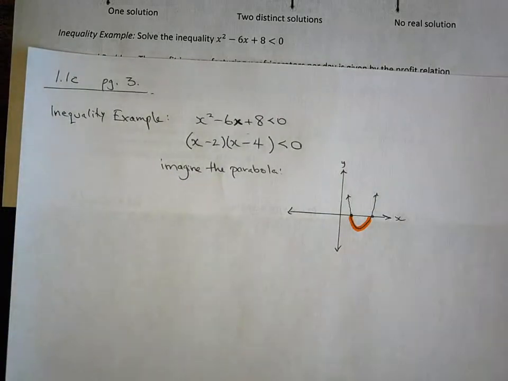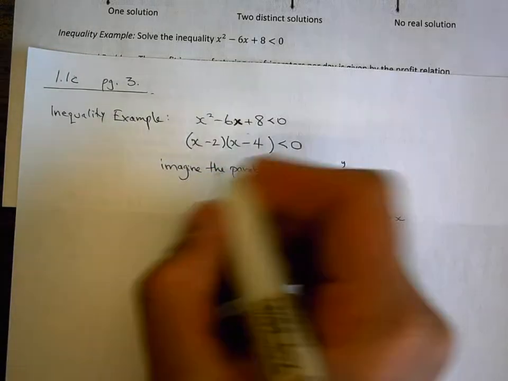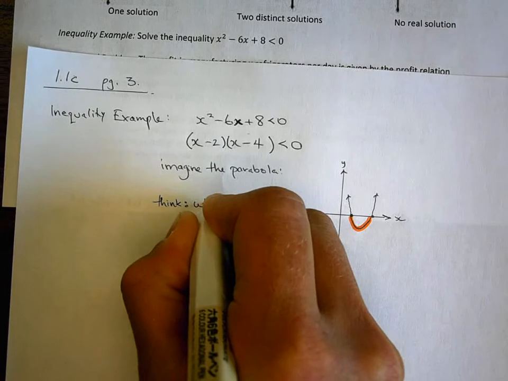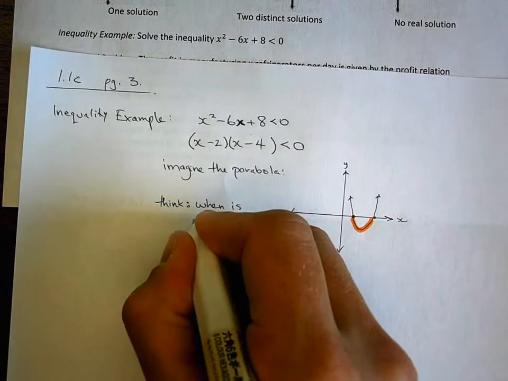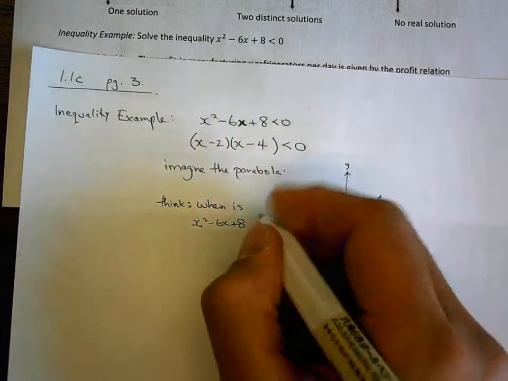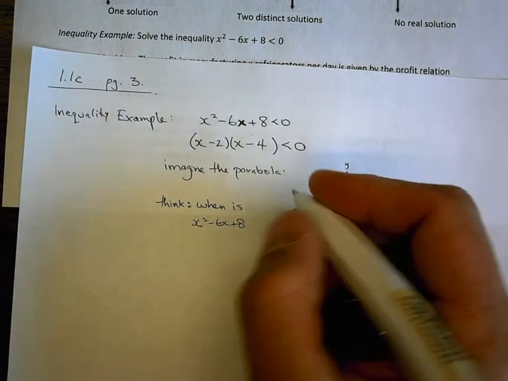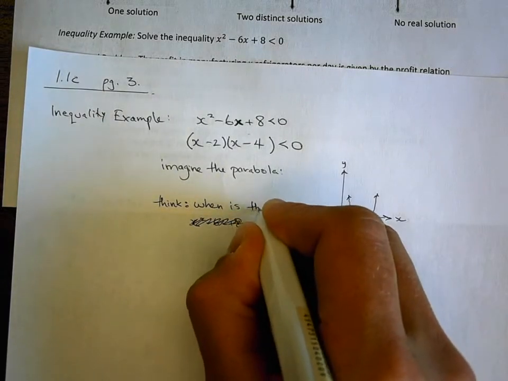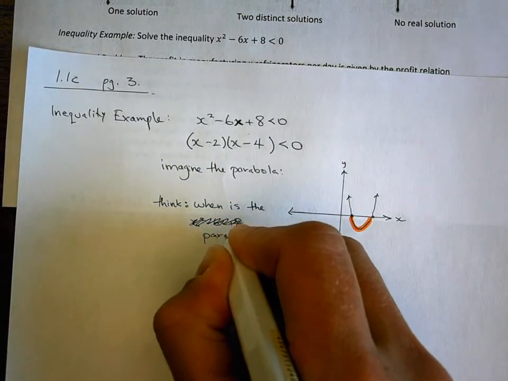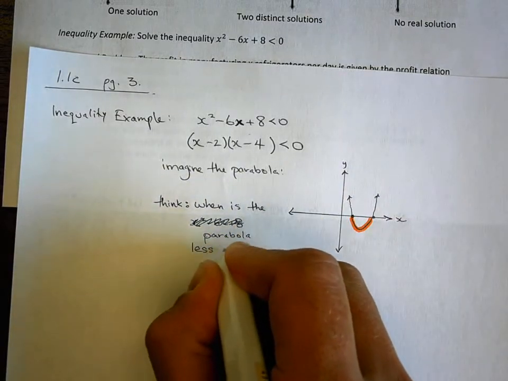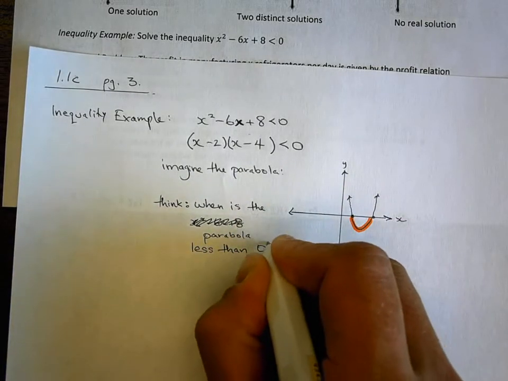So I'm going to write, imagine the parabola, think, when is x squared minus 6x plus 8 less than 0?